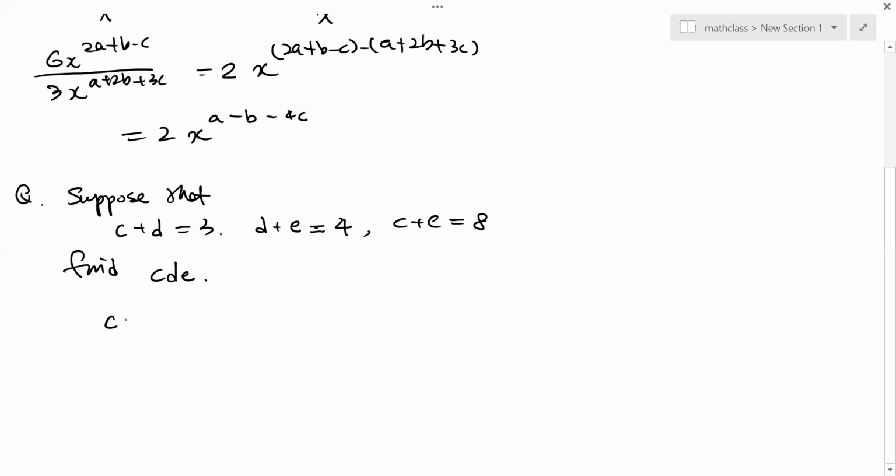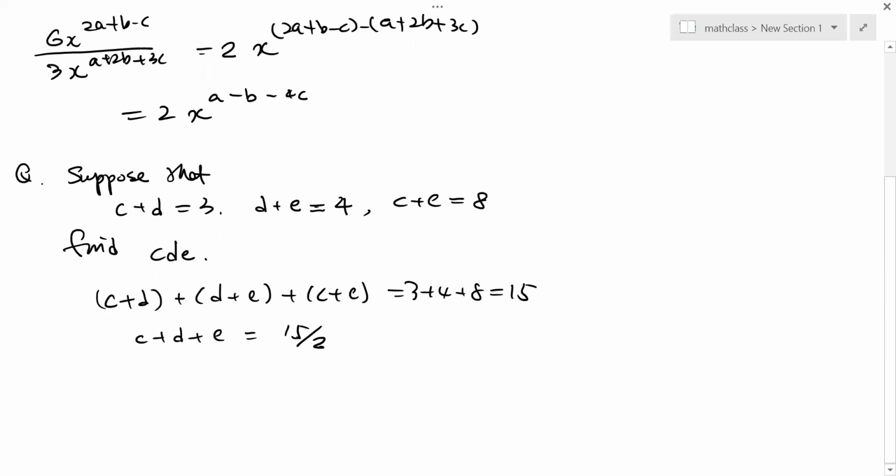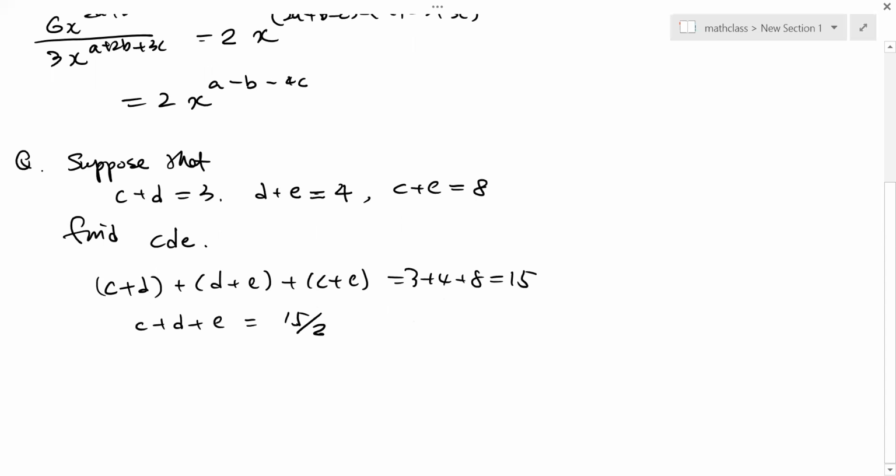Okay, so you add them together, you get 3 plus 4 plus 8, so you will get 15. Then you get double c, double d, double e, so c plus d plus e is going to be 15 over 2. Okay, so once you get that, then you can use subtraction to get the answer.